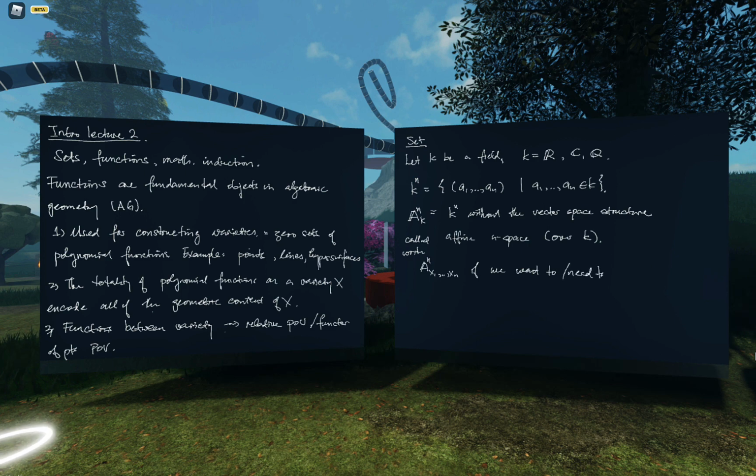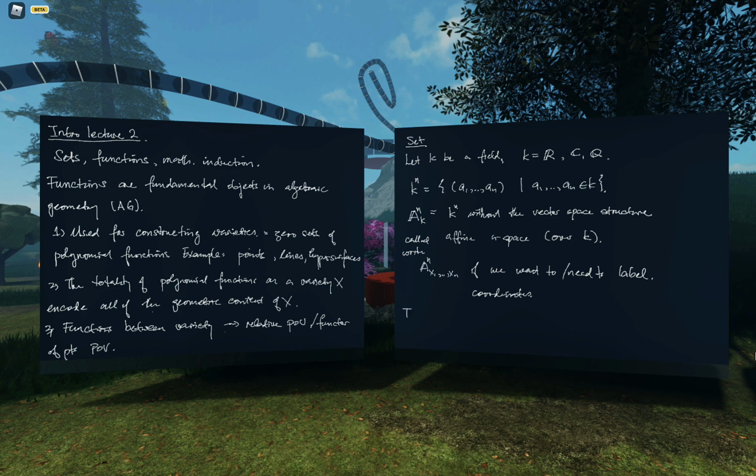Here I'm just saying that the first coordinate is called x1, the second is called x2, all the way up to xn. So all of the subsets we'll be dealing with are going to be subsets of A^n. So we won't talk about sets, but we will talk about subsets of A^n.